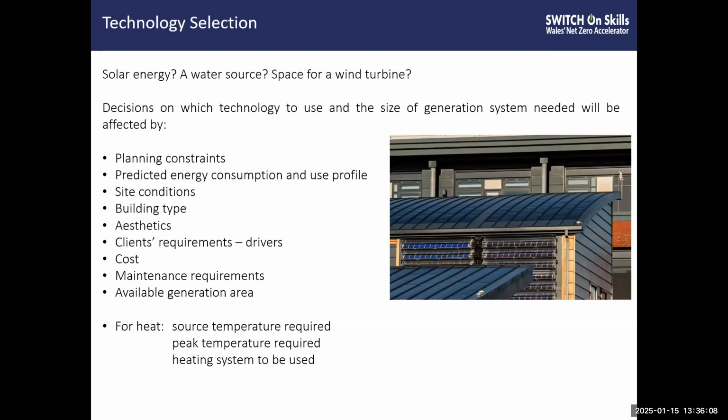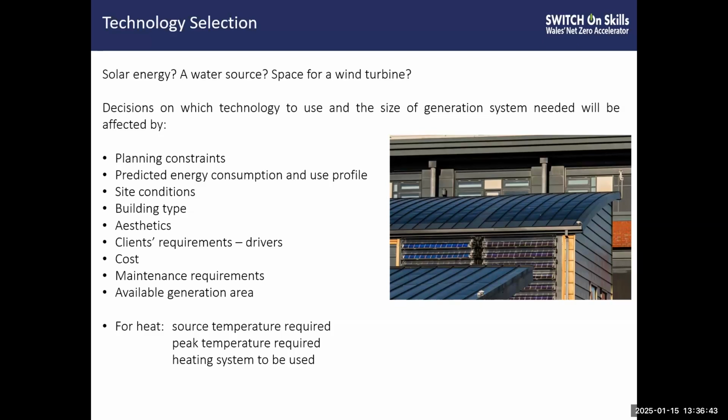These decisions on which technology to use and the size of generation system will be affected by things like planning constraints, predicted energy consumption, site conditions, the building type, aesthetics, cost requirements, clients' requirements, the cost of those technologies, as well as maintenance requirements and the available area that you can use for energy generation.